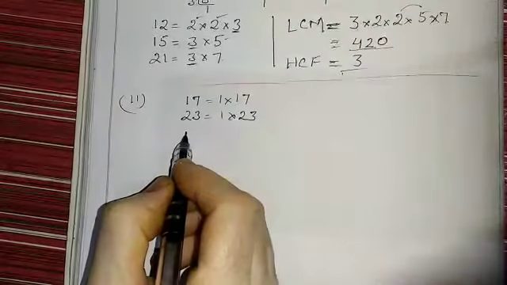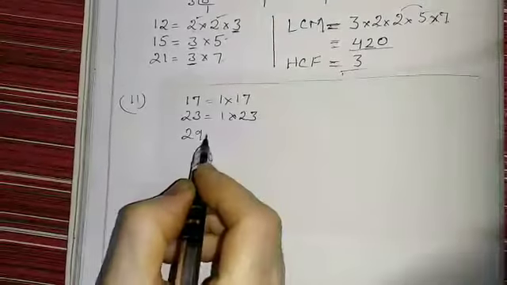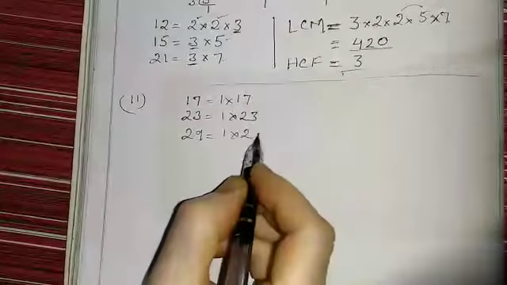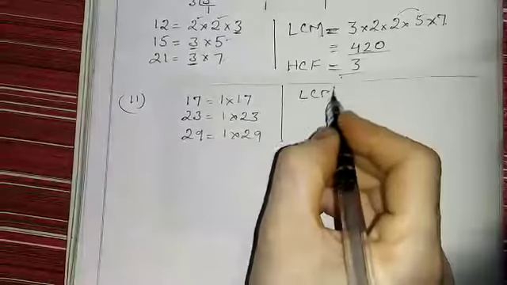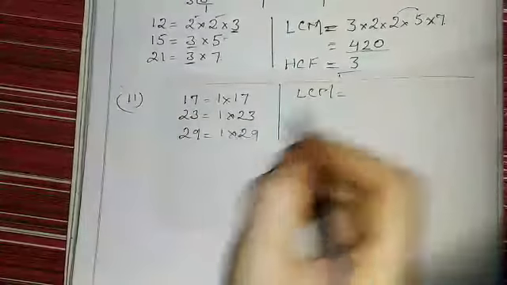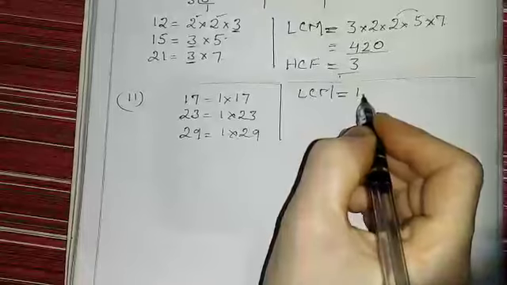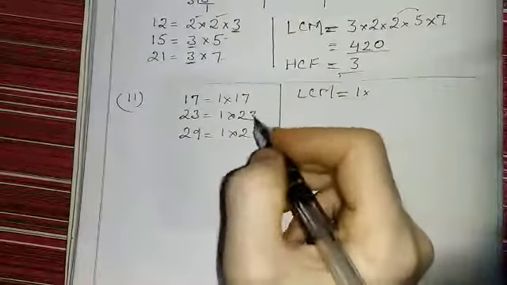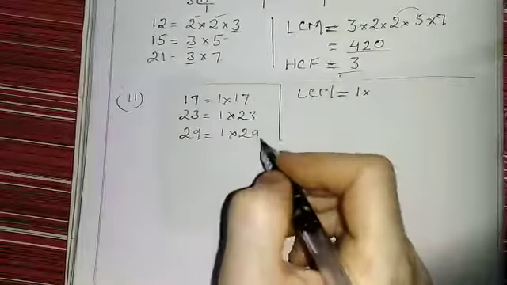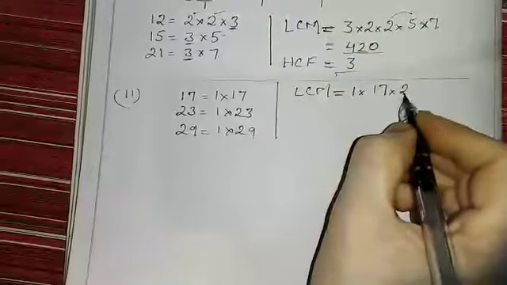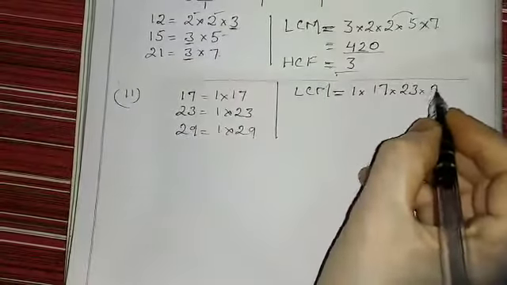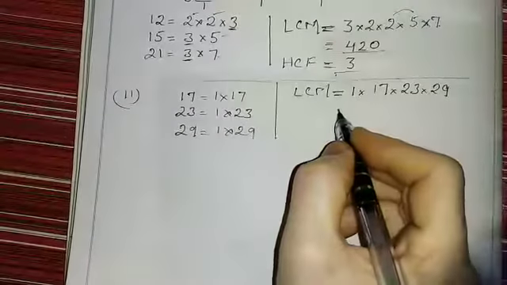And 29, that is also a prime number. Now find the LCM. No one is common. Only 1 is common among them. And then whatever is 17, 23, 29. Write 17, 23 and 29.